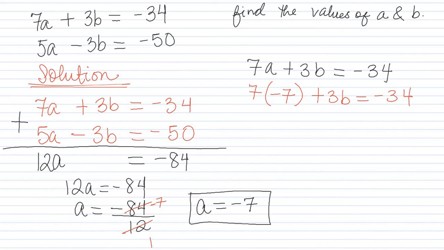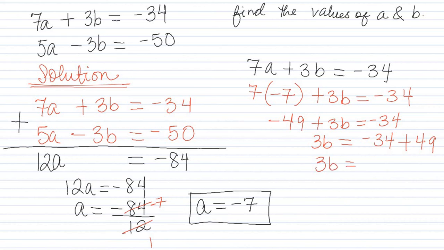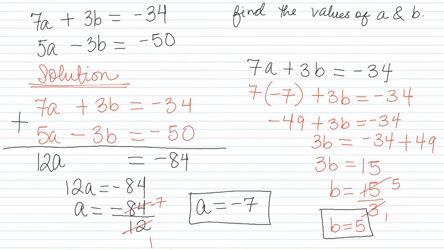So 7 times negative 7, that's negative 49, plus 3b equals negative 34. 3b equals negative 34 plus 49. So 3b equals 49 minus 34. That is 15. So b equals 15 divided by 3, which is 5. So b equals 5. So our answer is a equals negative 7 and b equals 5.